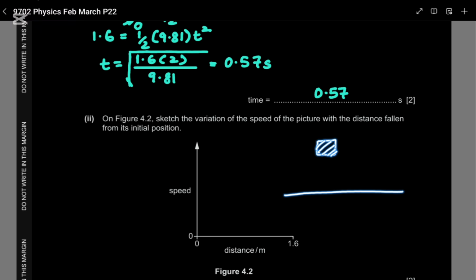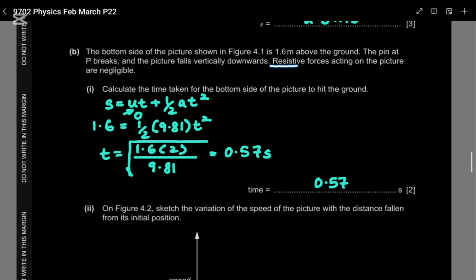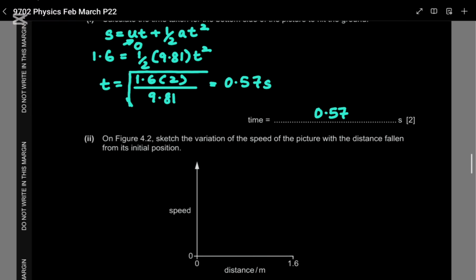As it falls, mgh is being converted to kinetic energy. Loss of mgh is equal to the gain in kinetic energy, and they already told us that resistive forces acting on the picture are negligible, so obviously there is no work done against resistance.